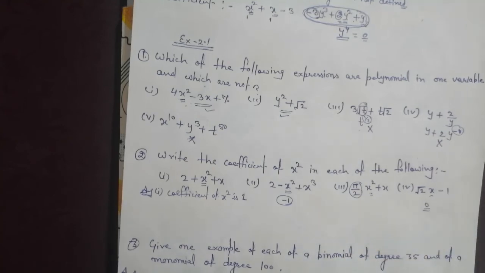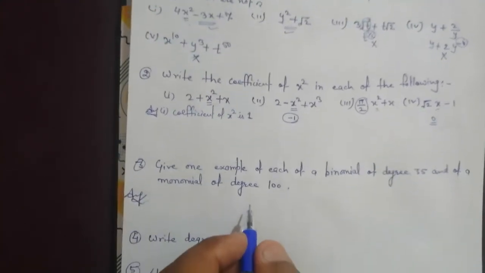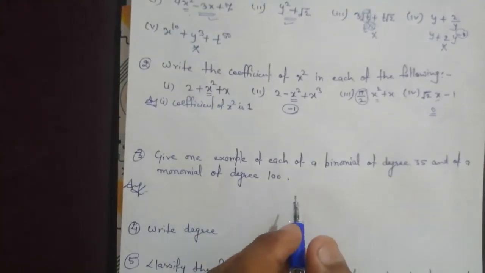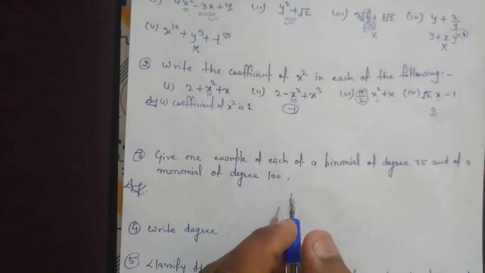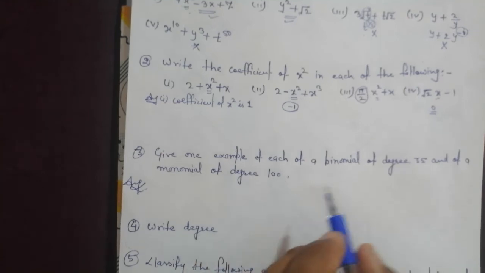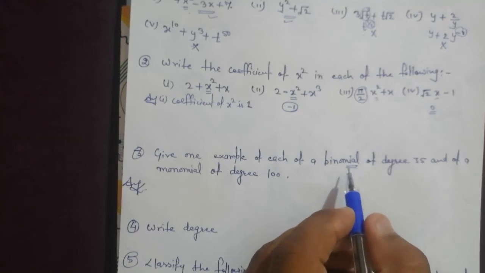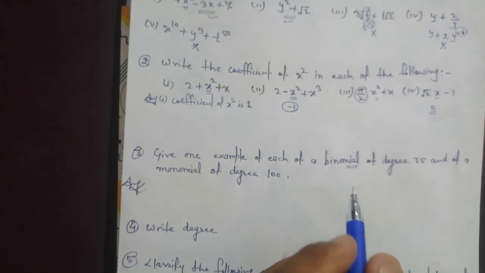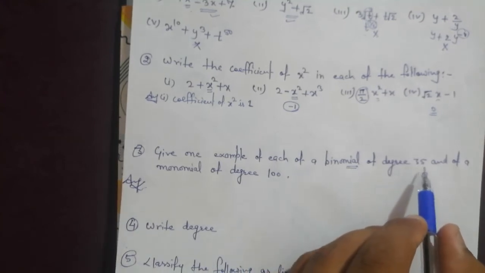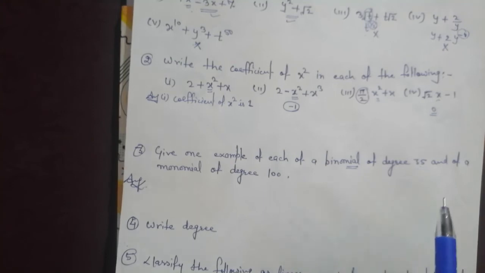Now question number 3. Give one example each of a binomial of degree 35 and of a monomial of degree 100. Binomial means two terms will be there, and degree 35 means the highest power of variable will be 35.